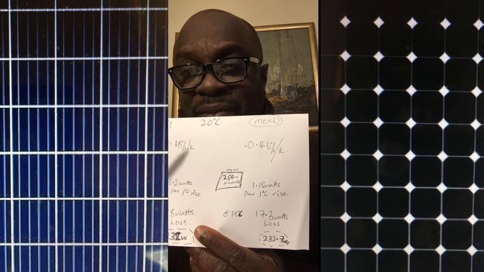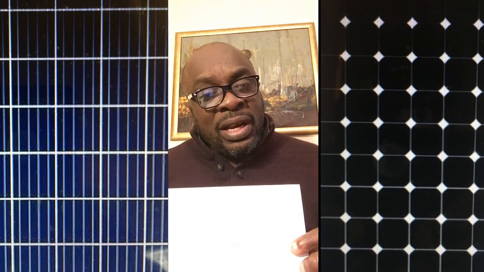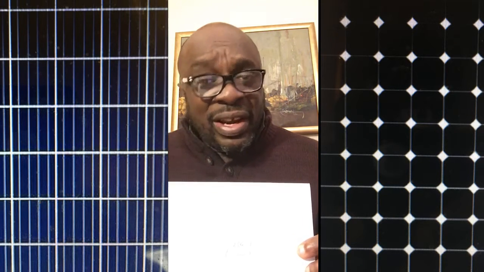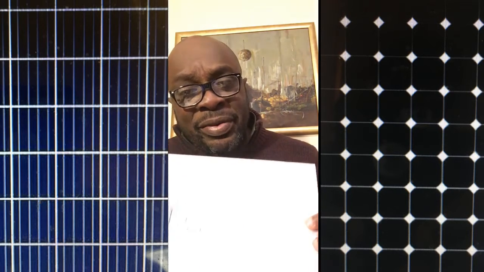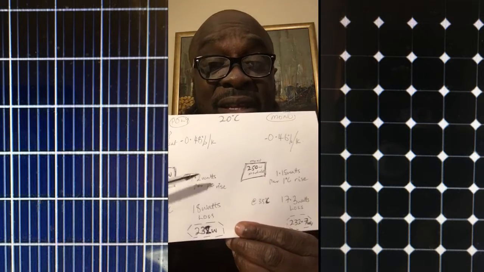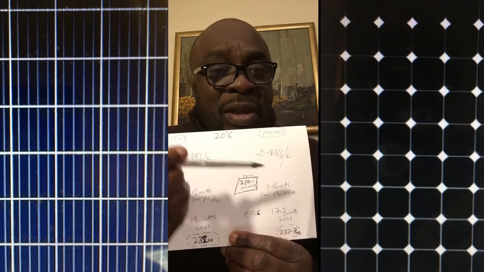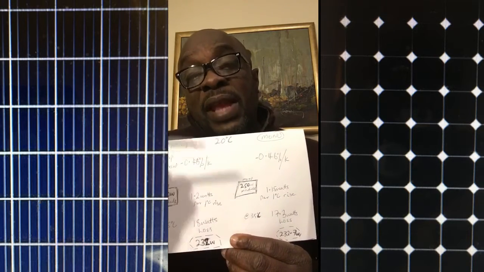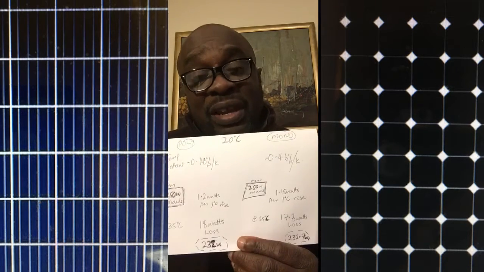Very, very marginal differences. Obviously, we that live in warmer climates, temperatures are typically 33, 34, 35 and above sometimes. We do experience that derating, but again, the difference between the derating you see in a poly as compared to a mono, monos perform slightly better, but is that enough to justify the additional cost? That is where you have to weigh the pros and cons yourself.